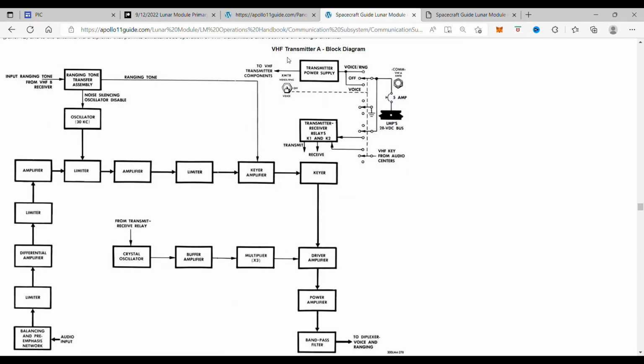In-flight VHF communications between the Lunar Module and Command Service Module while they are on the Earth side of the Moon include voice, backup voice, and tracking and ranging signals. Normal Lunar Module, Command Service Module voice communications use VHF Channel A simplex.